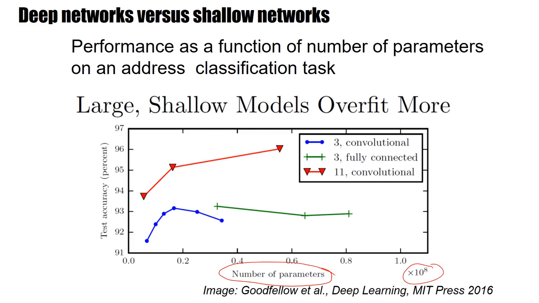And now we can compare an 11-layer convolutional network, which is the red line up here, with neural networks that have a different structure, for example, fully connected, or a convolutional network with only 3 layers, but more neurons per layer. And you can see that the network with more layers is effectively better.